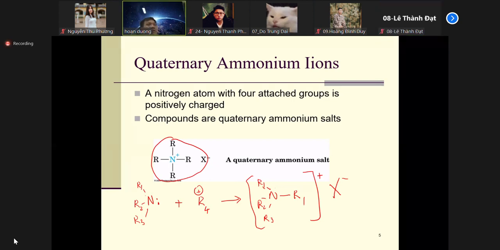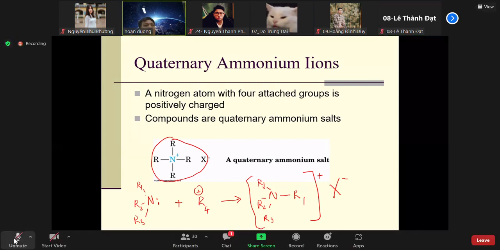But just a simple answer: yes or no. For the first question, does it have both properties of amine? We should learn on the second slide. Yes or no? If I have to give a simple answer, I will say yes.